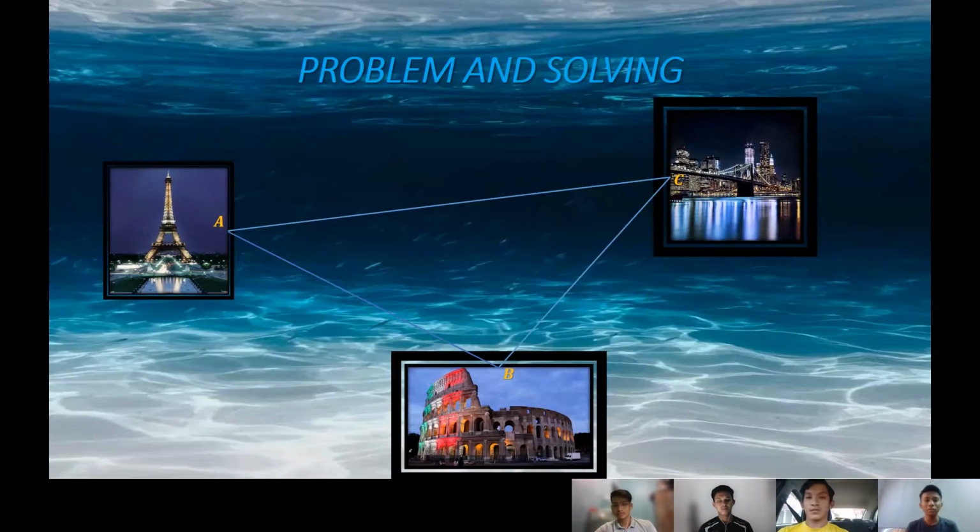So next, let me go to calculation, and let me find a problem and its solution. When we look at this picture, there are three places. Location A is at Paris, location B at Italy, and location C at New York City.